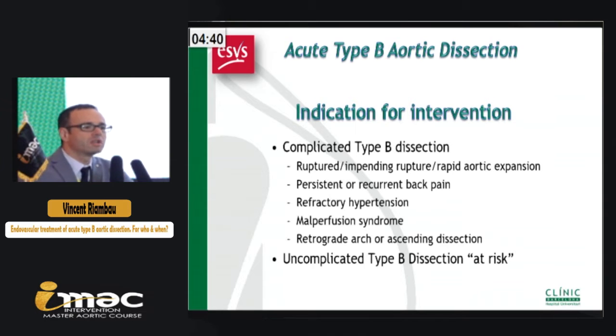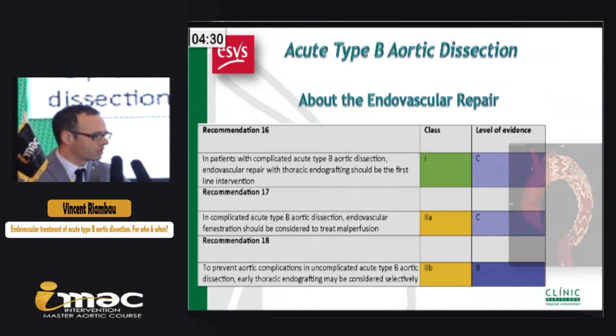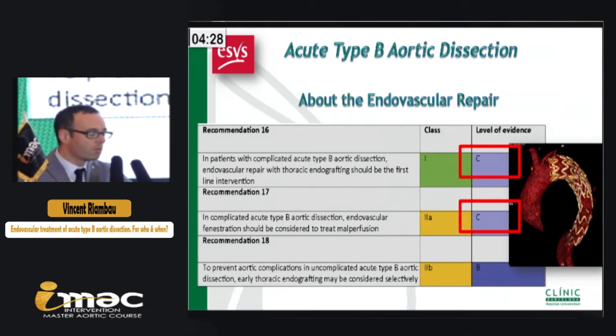But what about the uncomplicated dissections that will become complicated? This is what Vincent normally calls type B dissection at risk. And this is a different concept because we have quite a good level of evidence on how to treat these patients with endovascular repair in the acute setting.